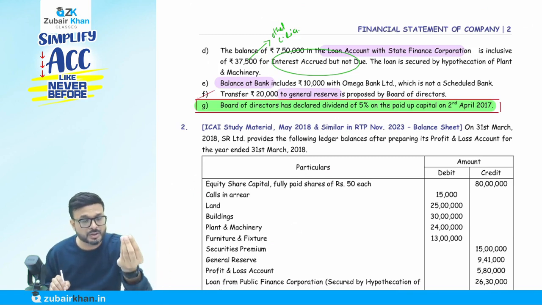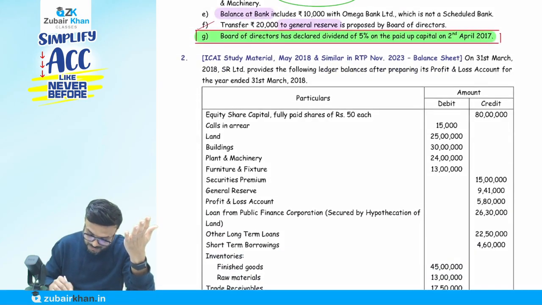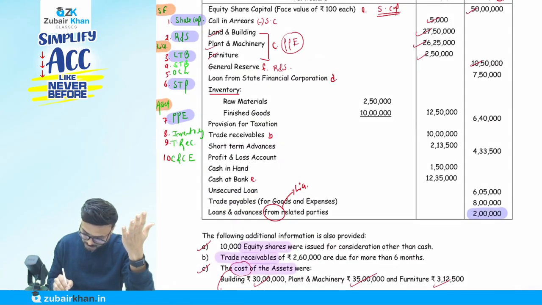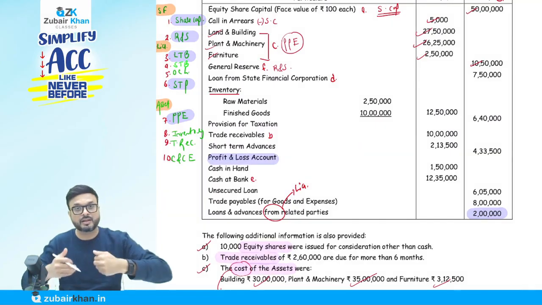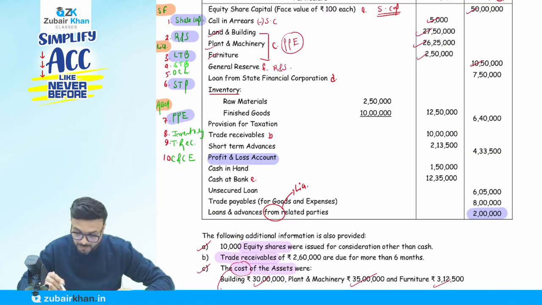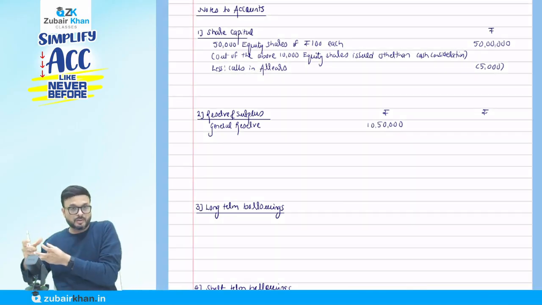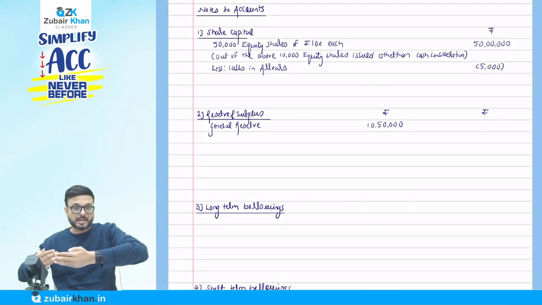In this question they don't ask us to prepare the P&L account, so they have already given us the profit that we have. So from the profit and loss account balance, whatever profit we have, 20,000 should be transferred to general reserve.